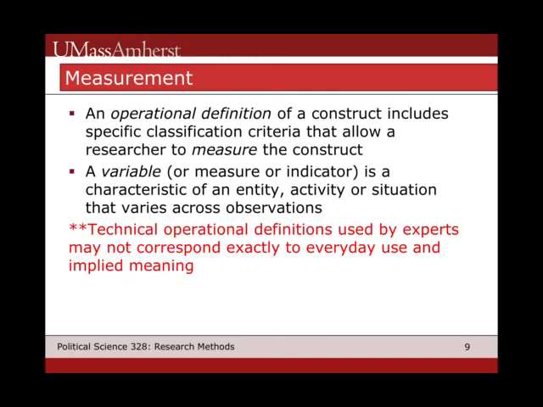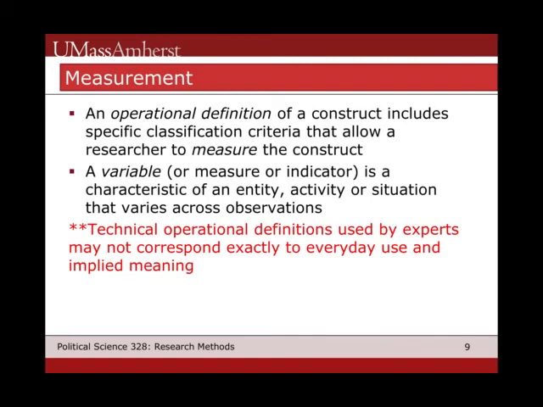To be a little bit more precise, here is the formal definition. An operational definition of a construct includes specific classification criteria that allow researchers to measure the construct. So you don't just say intelligence, you might define that more precisely in a way that sets up measurement criteria.